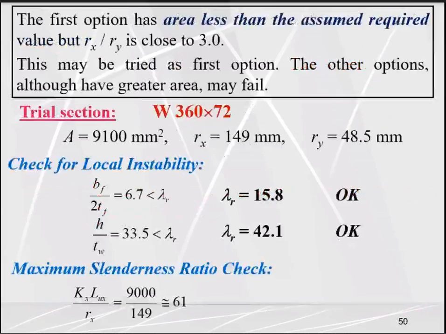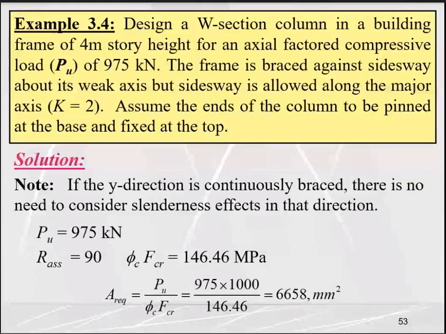So now in example number 3.4, we will also learn that the effective length may also be different about both axes if the k factor or effective length factor may be different. Last time one student asked me the question: in what case may the effective length factor k be different?